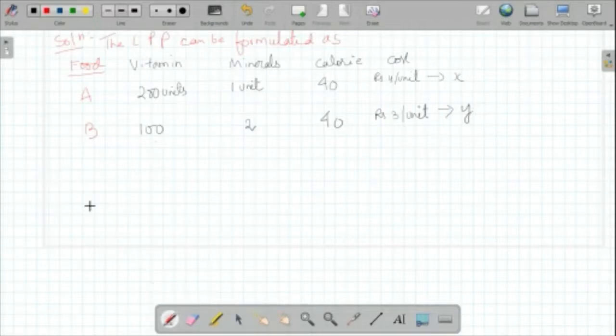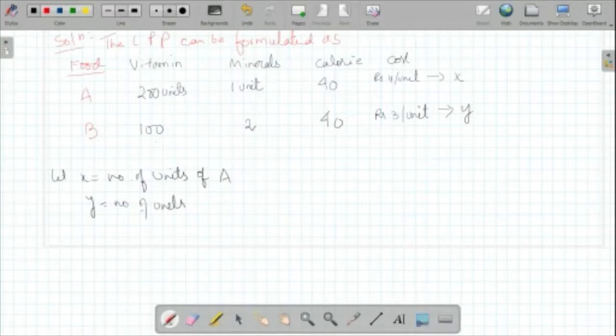So let x be the number of units of A, y the number of units of B, and z the cost of the mixture.